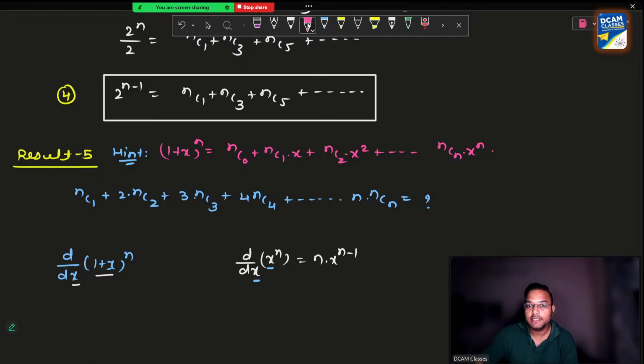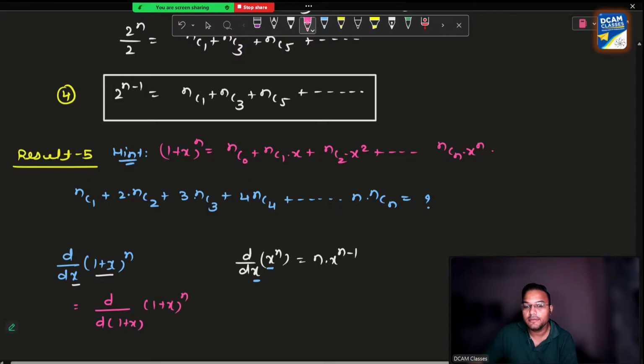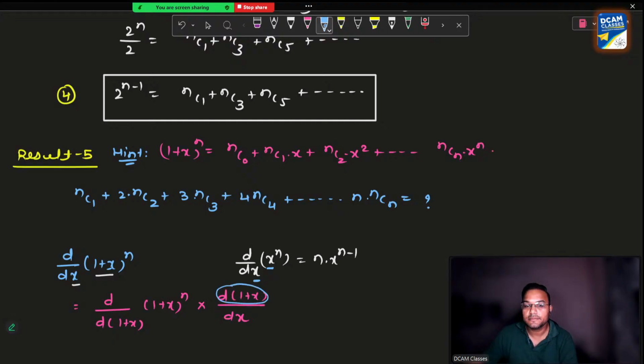But when they are not the same, we apply the chain rule. We put d by d(1 plus x) of (1 plus x) whole power n into d(1 plus x). We have just multiplied and divided.